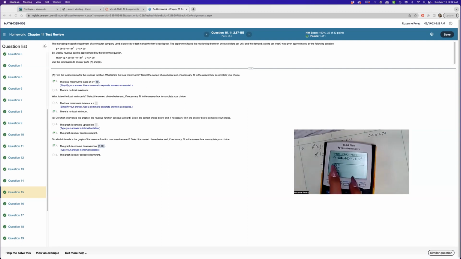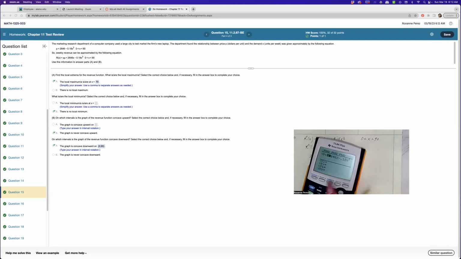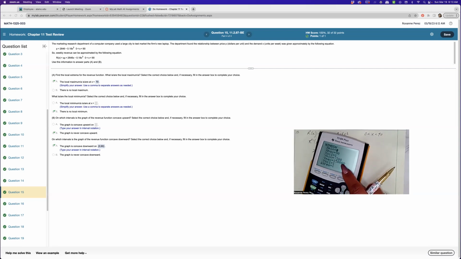We're going to type in our function, 2646x minus 0.18x cubed. We know this is our domain, so go to the window, change your x-min to 0, from 0 to 90, and then we don't really need a y minimum, but we need to figure out our y max.